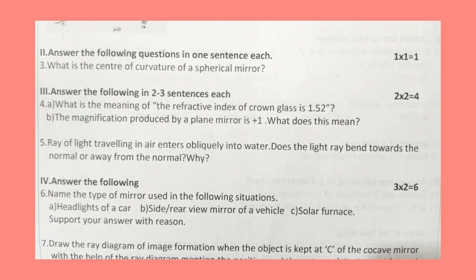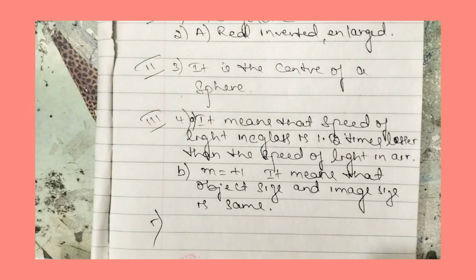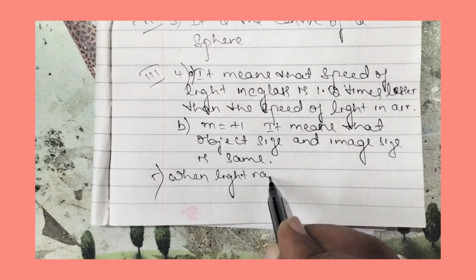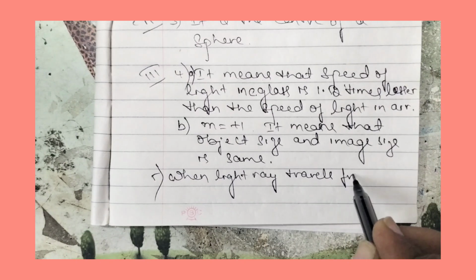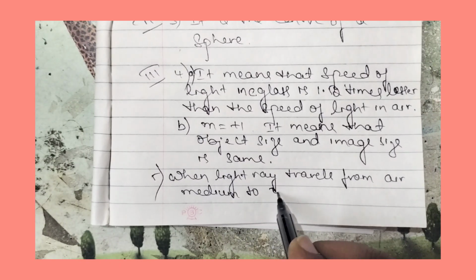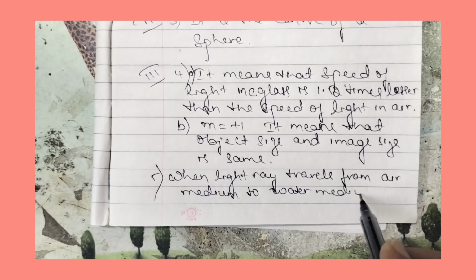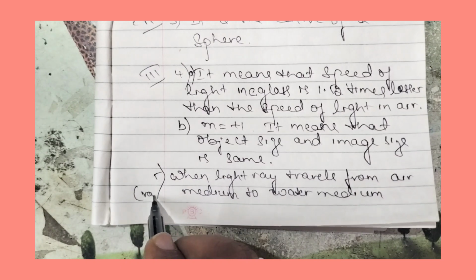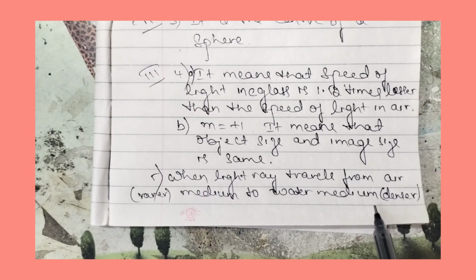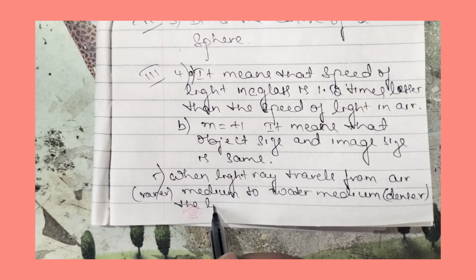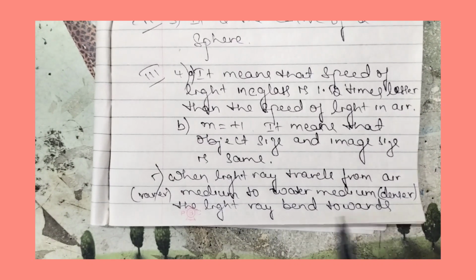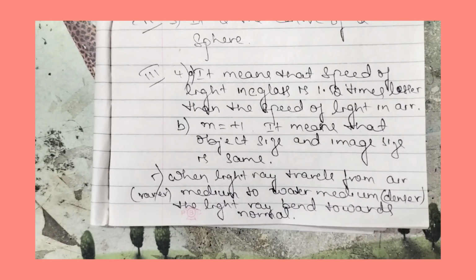When light travels from a rarer medium to a denser medium, it bends towards the normal. So this is the first answer.